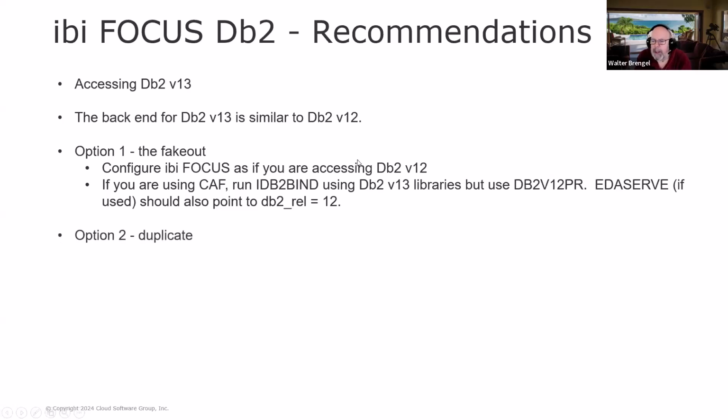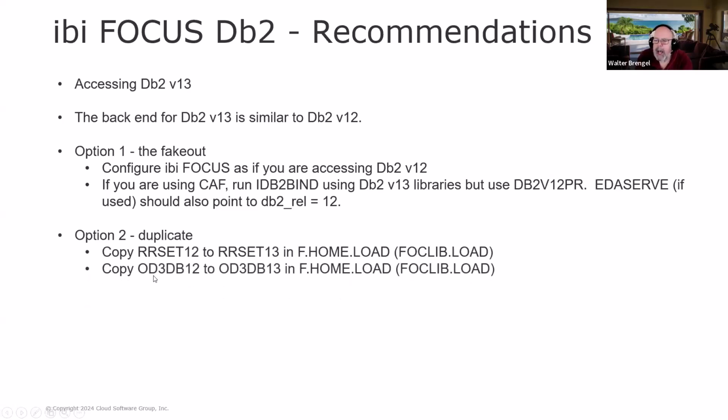Option two, duplicate the v12 files as v13 files. So copy RRSet12 to RRSet13 in home load. Copy OD3DB12 to OD3DB13. The RRSet is used for the CAF connection, and the OD3DB12 is for the CLI connection.